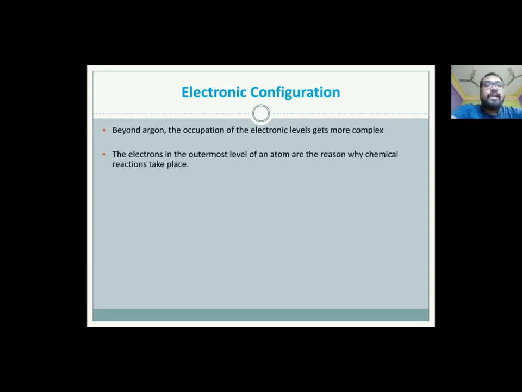Clear? Now see, beyond argon, the occupation of the electronic levels gets more complex. You will learn it in the upper classes. Okay? See, the electrons in the outermost level of an atom are the region where chemical reactions take place. The inert or noble gases, that is helium, neon, argon, and so on, are very stable and unreactive.